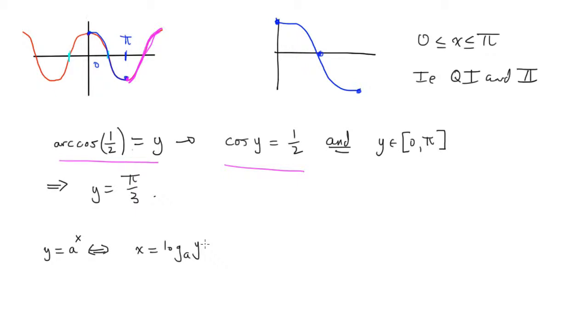We were able to convert between a statement in exponential form and a statement in logarithmic form by knowing that the logarithm and the exponential function were inverse functions of each other. Essentially we're doing that same thing here with the trig functions. But the one extra wrinkle is that we have to restrict the domain of the trig functions, or else we can't even do this sort of thing. In class we'll look at how we do this with the other 4 trig functions and some more complicated examples.